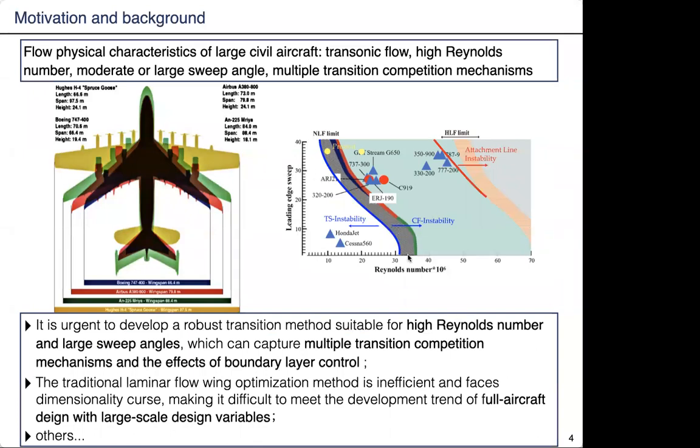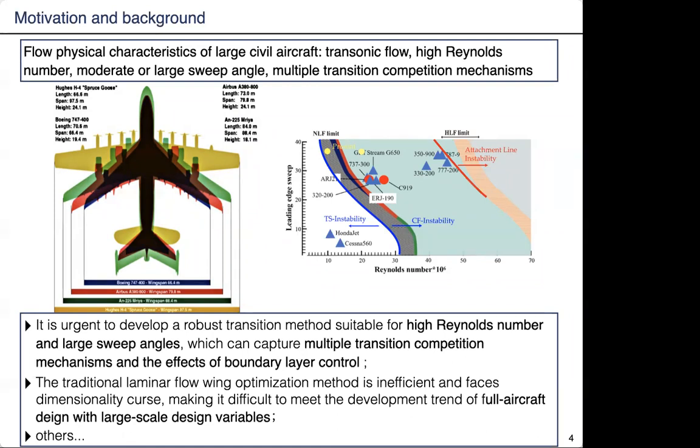When the Reynolds number is very high and the sweep angle is large, the natural laminar flow fails, and we need the hybrid laminar flow. This also shows that for the high Reynolds number and the large sweep angle, it is more difficult to delay the transition.